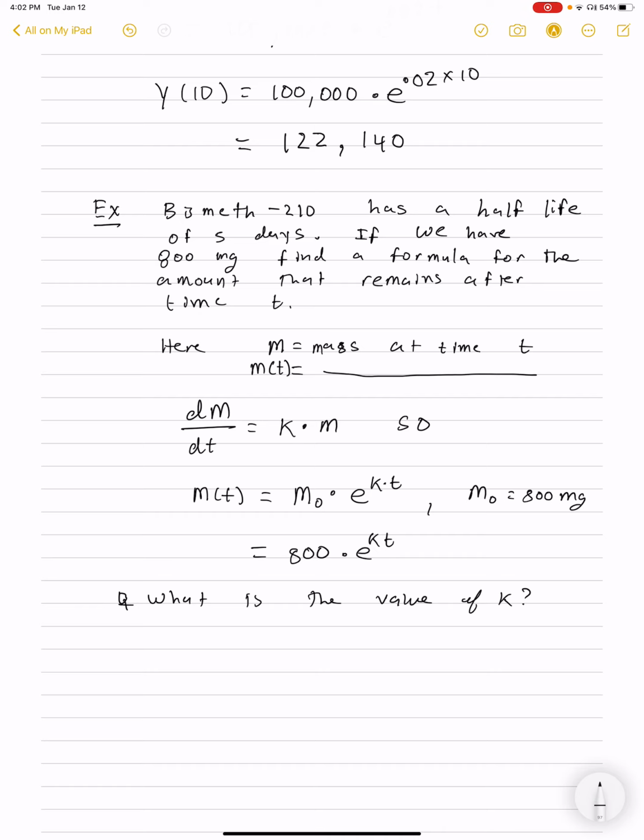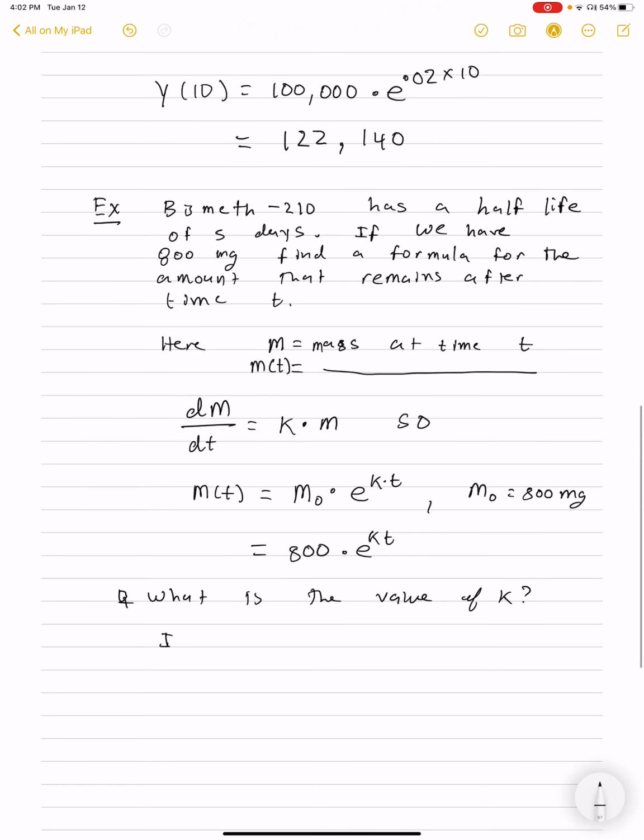Well, we do know in 5 days we have 400 milligrams. So 400 had better be equal to the amount prescribed by the equation, which is 800 times e to the k times 5. And now we're going to write out this equation and solve for k.